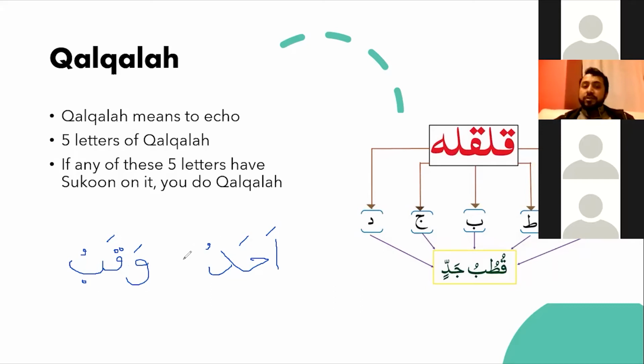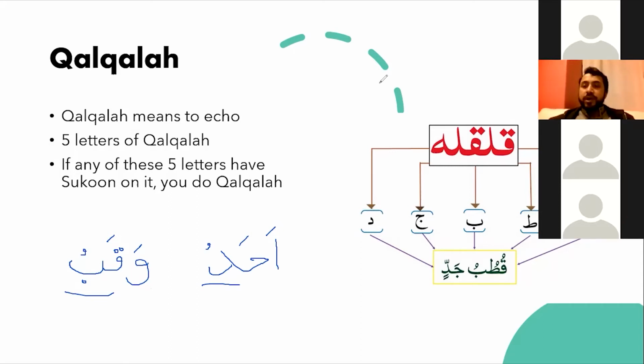It does sound as though it's got tashdid and you're going to say ahadda, but that's not what it is. We need to put a bit more emphasis on it. It's just like an echo sound, really. Qalqala does basically mean echo, but that's how we normally do it. Does that make sense? Yeah, I find if I read it naturally it comes out fine. Absolutely.